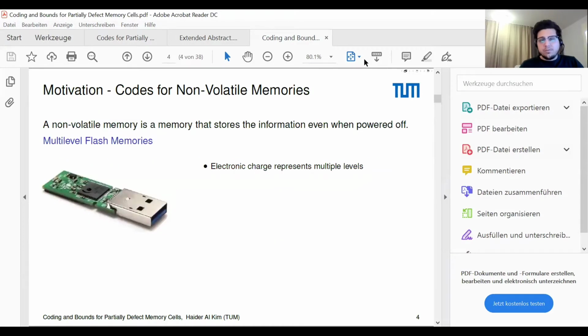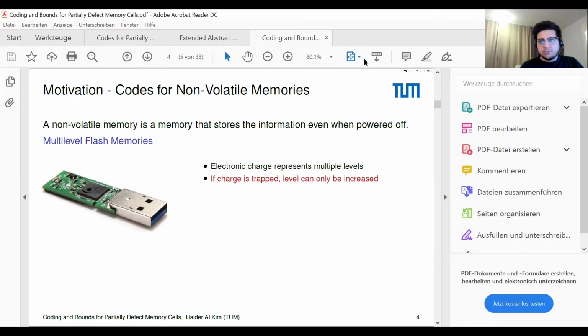So the motivation is codes for non-volatile memory. A non-volatile memory is a memory that stores the information even when the power is off, for example, multi-level flash memories. The electronic charge represents multiple levels.